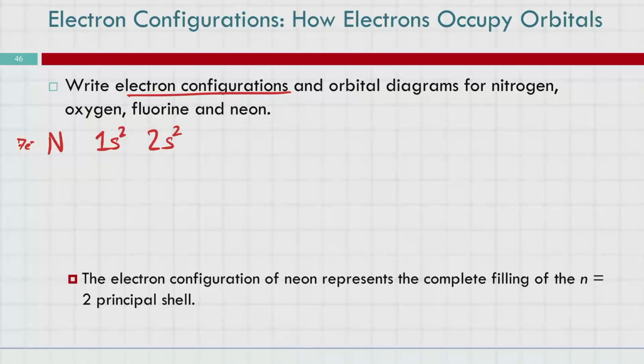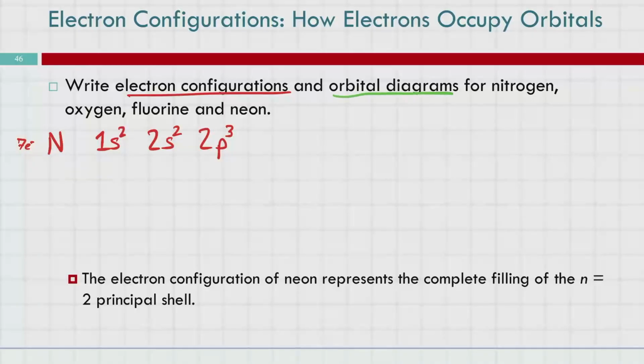We can also put in 2 there because we've got the one spherical shape, 2 electrons. So now we've used up 4. We've got 3 left. What's after 2s? 2p. And we've got 3 electrons left. We can throw all of those 3 into our 2p. And that would be the full electron configuration.